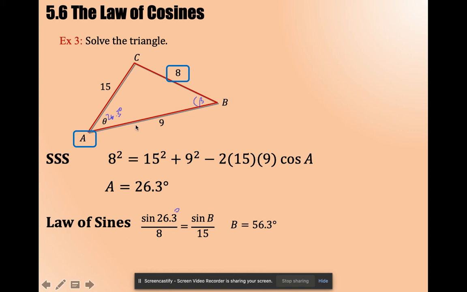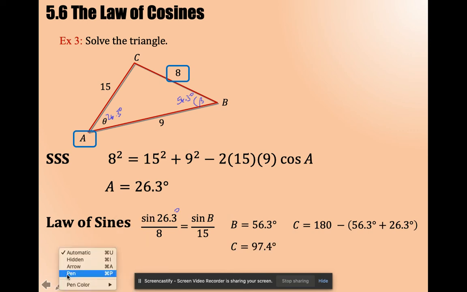And I got 56.3 degrees. One more time, using my triangle relationship with 180 degrees, I got 97.4. Everything looks swell. Pretty happy with myself, feeling pretty good.